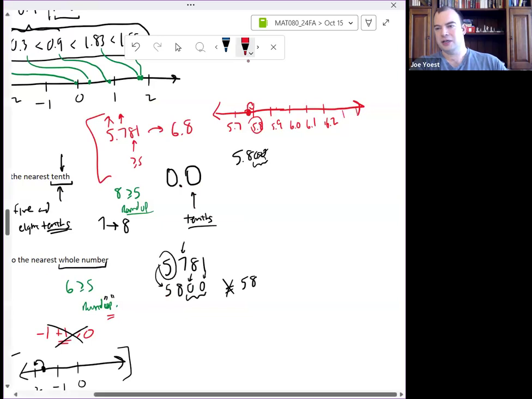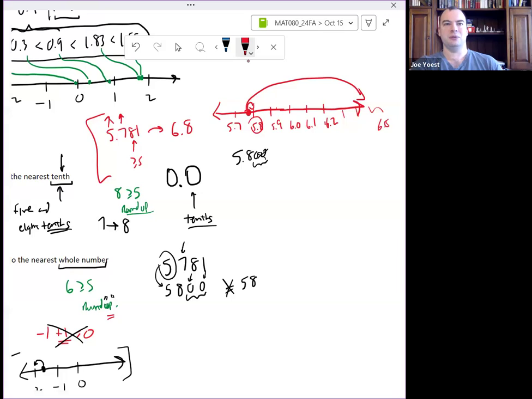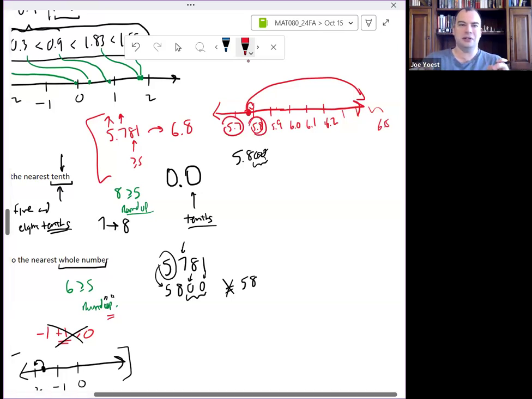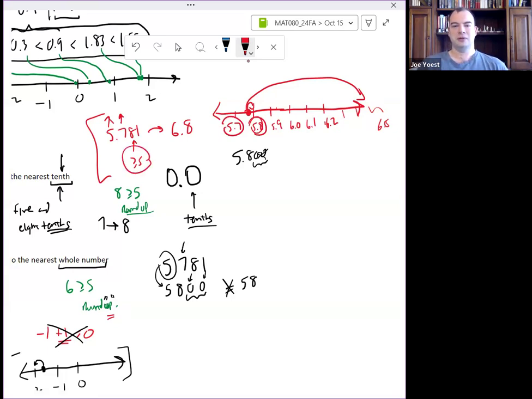It's not going to be all the way over here at 6.8, somewhere way off to the right. That's not going to be the nearest tenth in any reasonable interpretation of the word nearest. It's going to be either 5.7 or 5.8, one of the boundaries that it's sitting in between. Then we discriminate between those two on the basis of whether that next digit is bigger or equal to 5 or less than 5, whether our point is to the right of the midpoint or to the left of the midpoint in that interval.